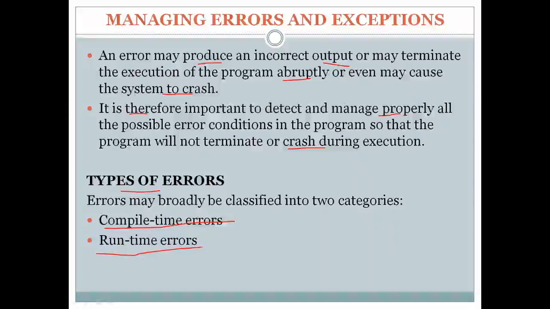As the name suggests, compile time errors are detected at the time of compilation of a program, and as they are detected at the time of compilation, there is no effect of compile time errors on the execution of a program. Whereas runtime errors occur at the execution time of the program.